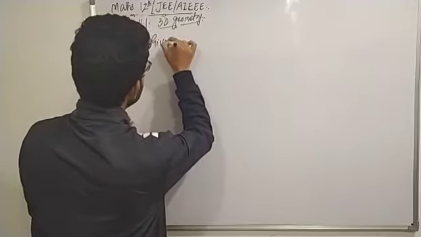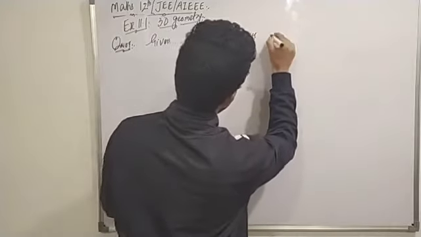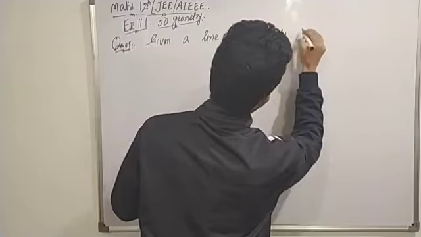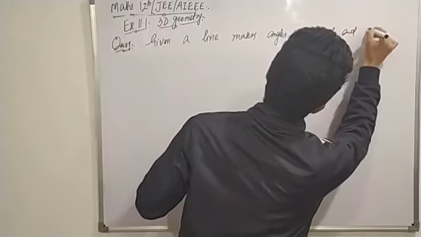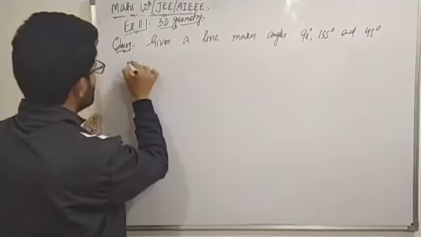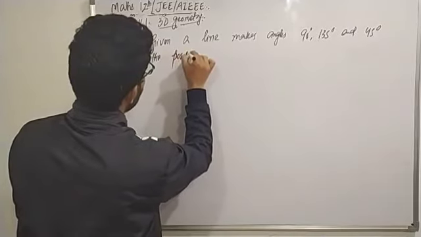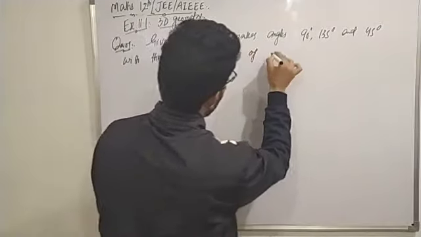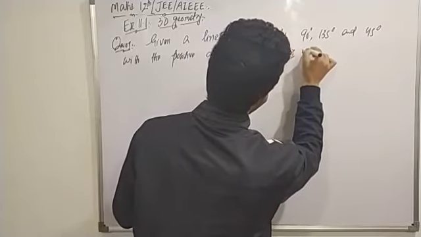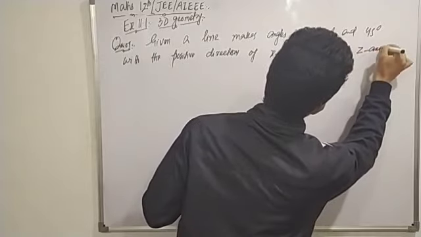Given a line makes angles 90 degrees, 135 degrees and 45 degrees with the positive directions of the x-axis, y-axis and z-axis respectively.